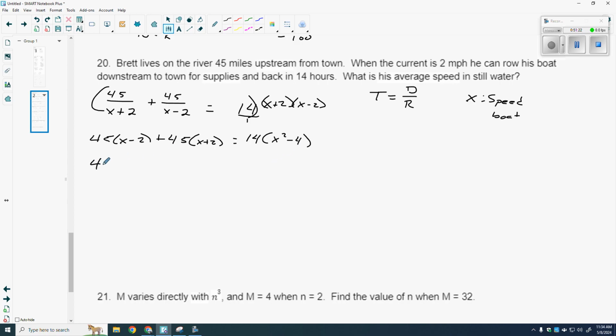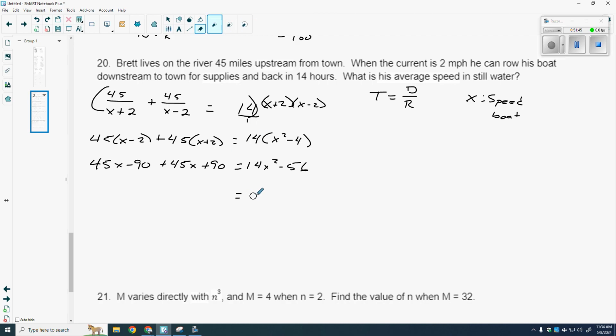Distribute: 45 times x, 45 times a negative 2, 45 times x, 45 times a positive 2, 14 times x squared, 14 times 4. Have a quadratic, set that thing equal to 0.